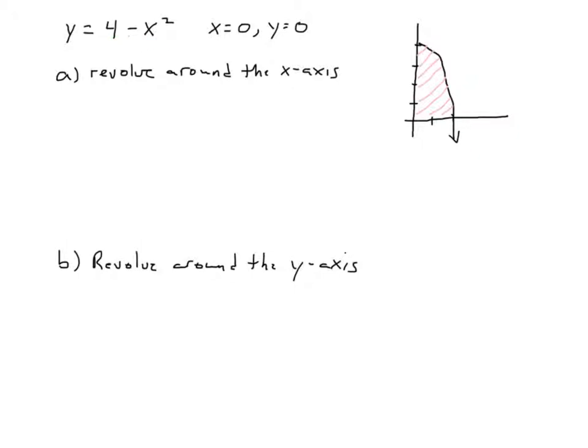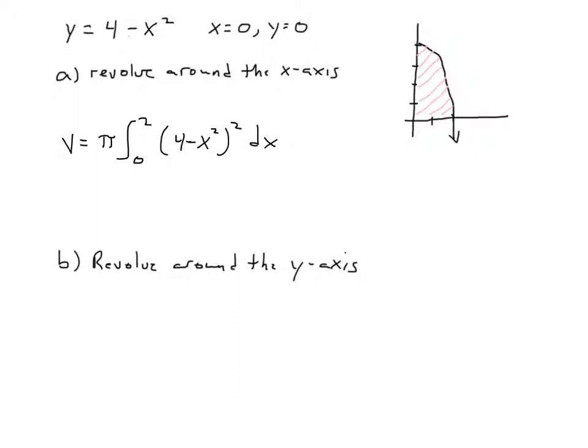And so my volume of that solid, when I go around the x-axis, I integrate with respect to x. It's going to be pi times the integral from 0 to 2 of my radius, 4 minus x squared, that thing squared dx. Now to evaluate this, I would need to expand that.